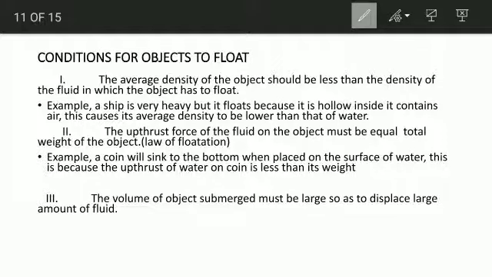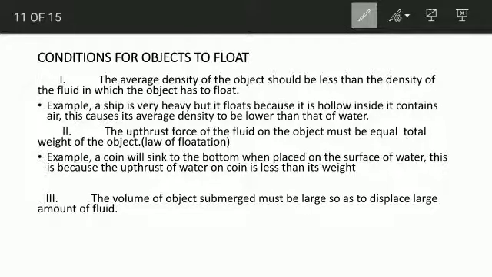That's important. The second condition is that the upthrust force of the fluid on the object must be equal to the total weight of the object, which is the principle of flotation. For example, a coin will sink to the bottom when placed on the surface of water. This is because the upthrust of water on the coin is less than its weight. That's important to know.